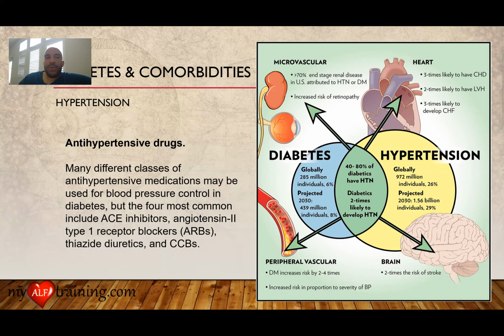Having diabetes and hypertension really maximizes those effects, and they both play into one another synergistically to make things more difficult. So, antihypertensive drugs. There are many different classes of antihypertensive medications that the doctor may be using to control our patient's blood pressure for diabetes. But the 4 most common that you might likely see are ACE inhibitors, ARBs, thiazide diuretics, and calcium channel blockers.